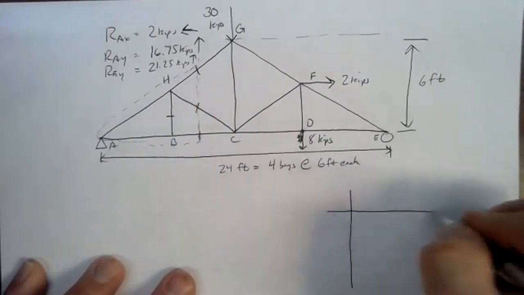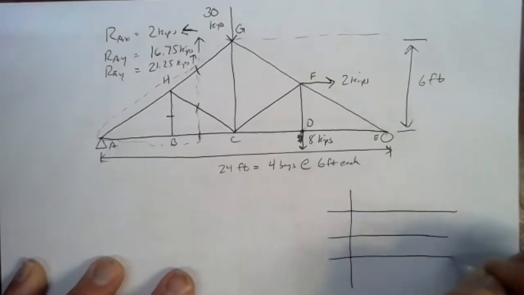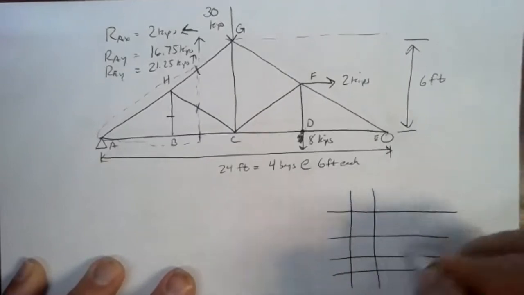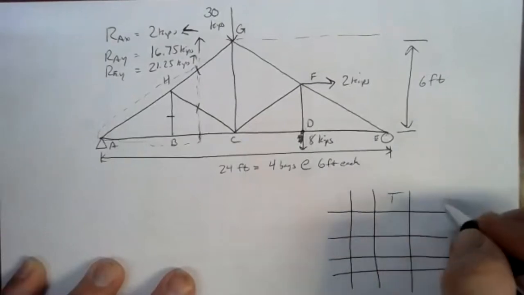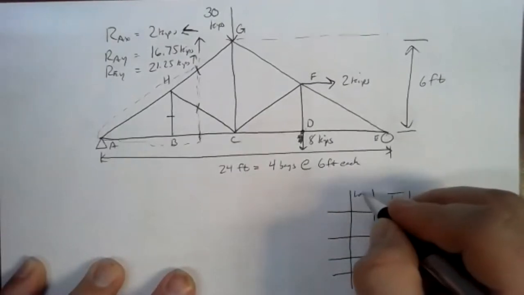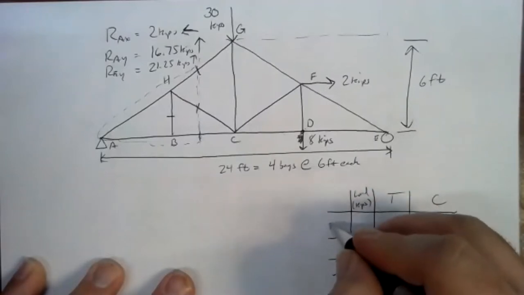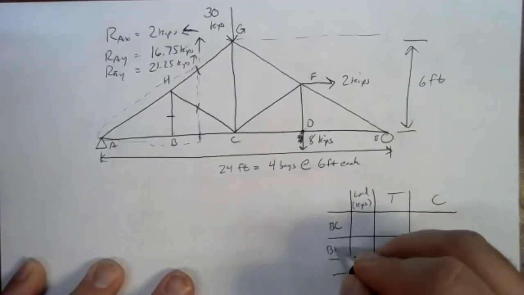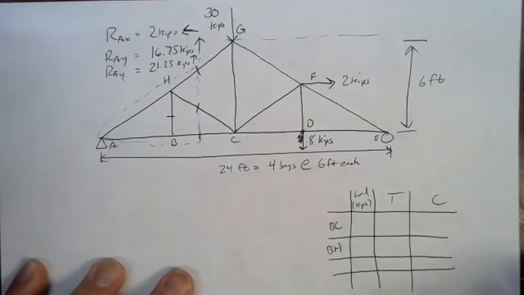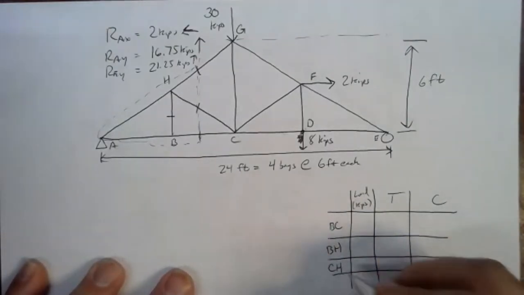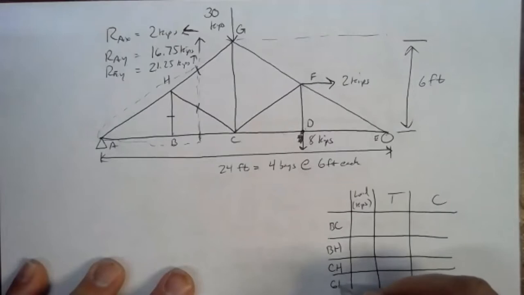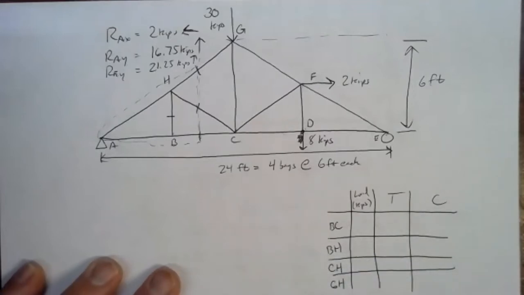And in the end here, we're looking for a table. Loading kips. And we have members BC, BH, CH, and GH.